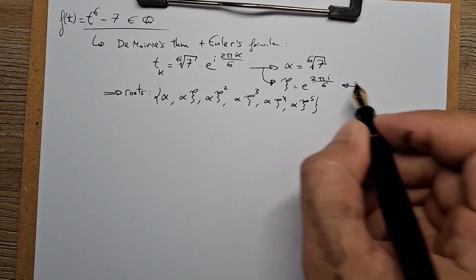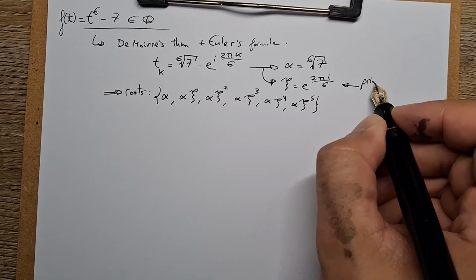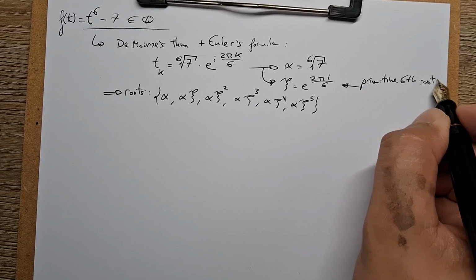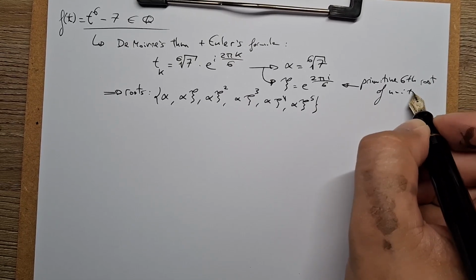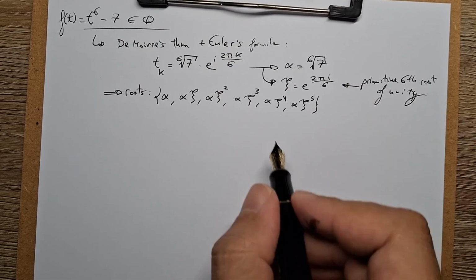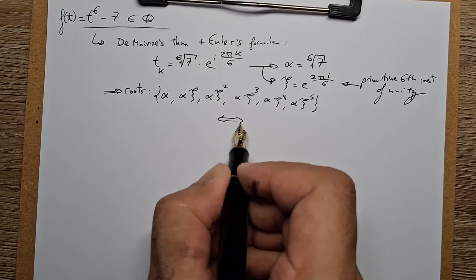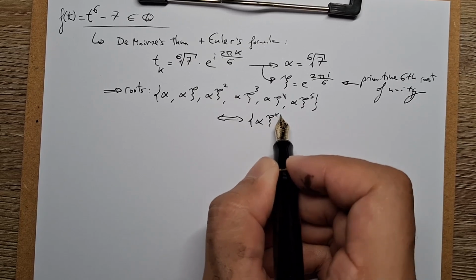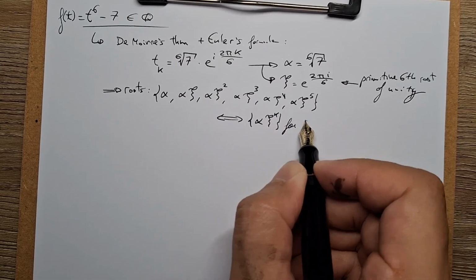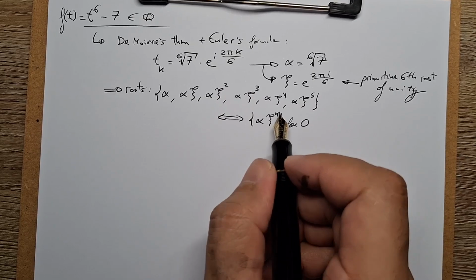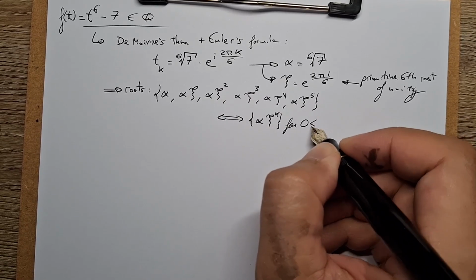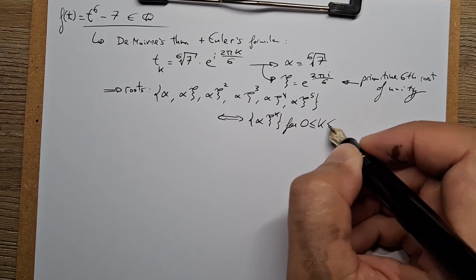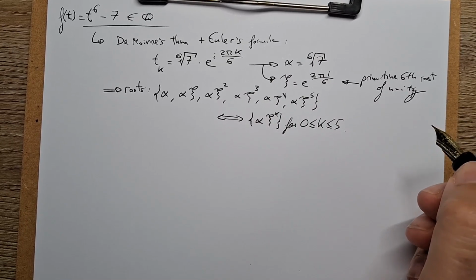Actually, theta is the primitive sixth root of unity. And actually, we can write this in a more succinct shape: alpha multiplied by theta to the power of k when k goes from 0 to 5, both included.